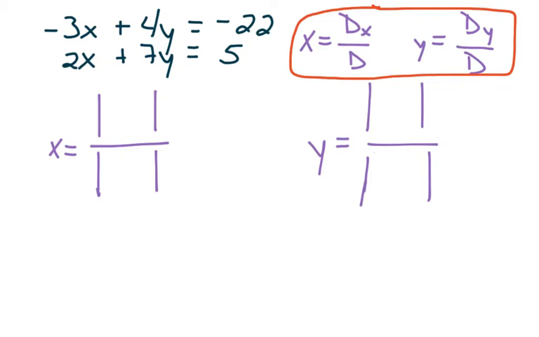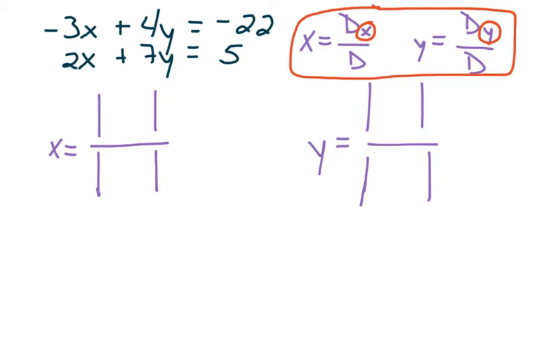Politically correct, it's the determinant of the coefficient matrix. And notice that the bottom of both the x value and the y value have this D. Now up on top, this little sub value is letting me know that I'm changing my x values, and this one I'm changing my y values, so it's D sub y. So to solve for x, I have to change x. To solve for y, I have to change y.